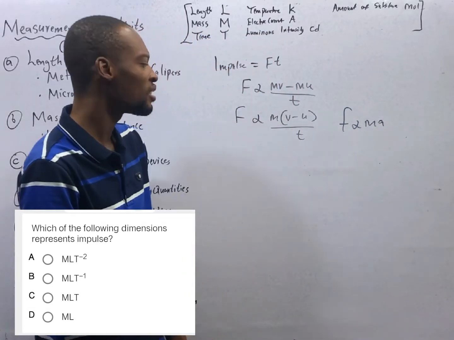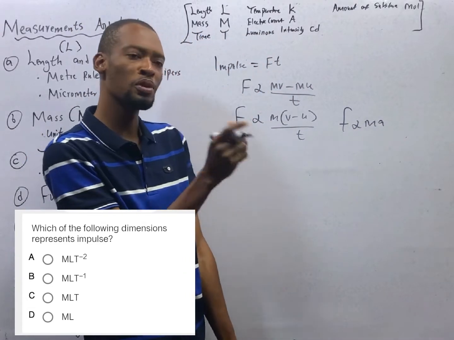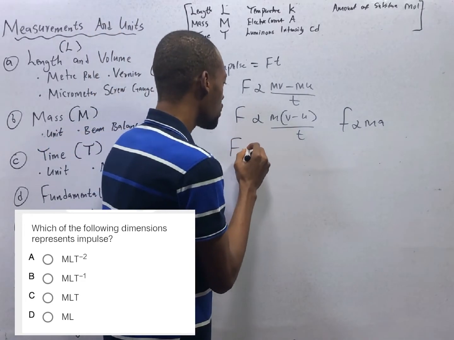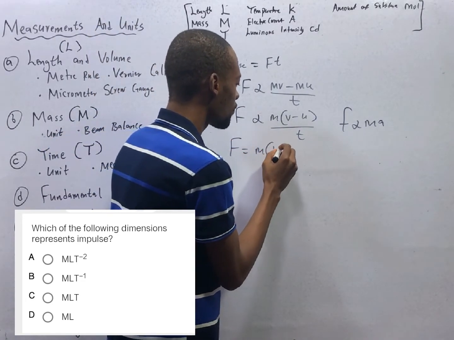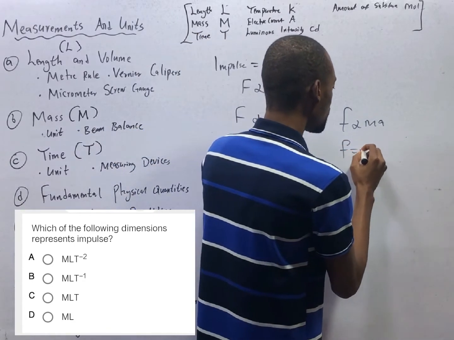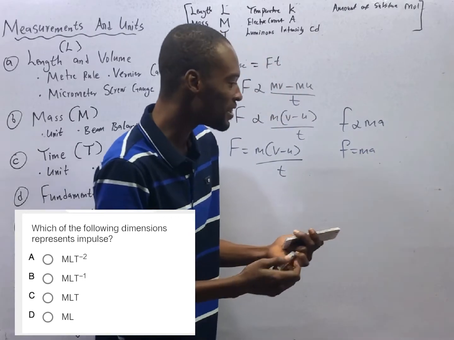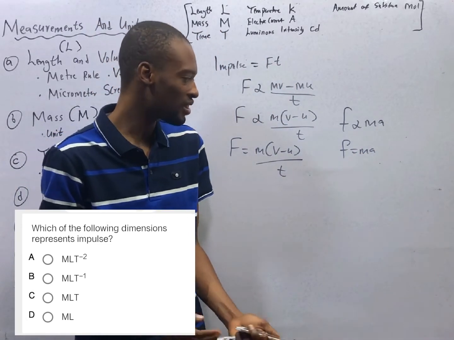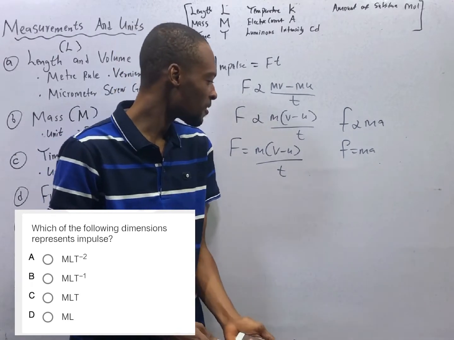And in this thing, we are taking the constant k to be 1. From here, force is equal to m(v minus u) over t, and force is equal to ma. So this is where we derived force is equal to ma from, which we use throughout physics.